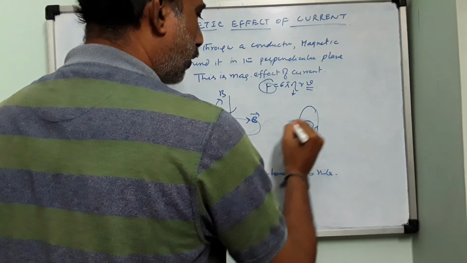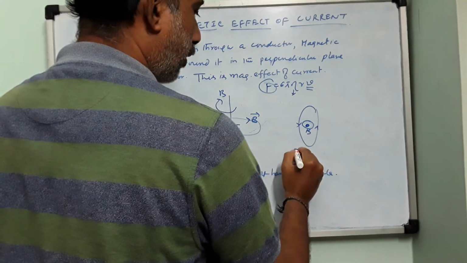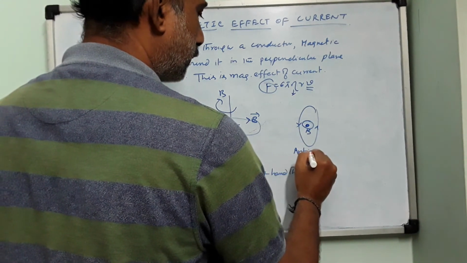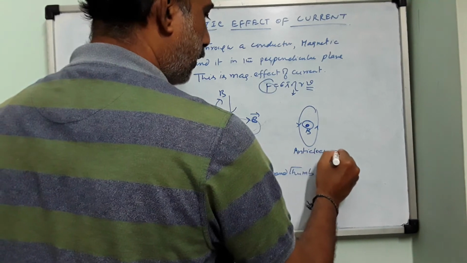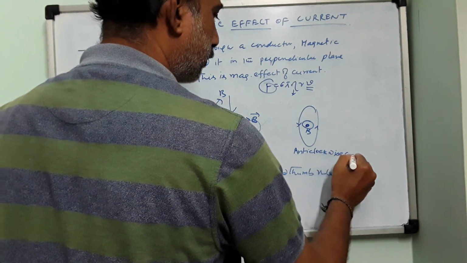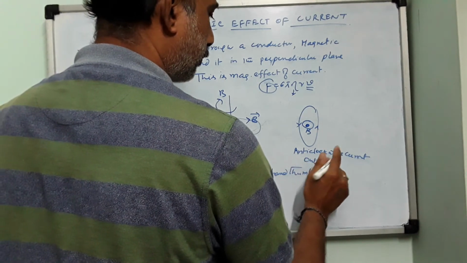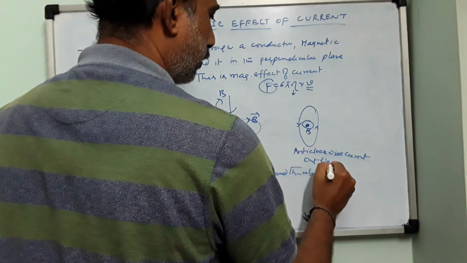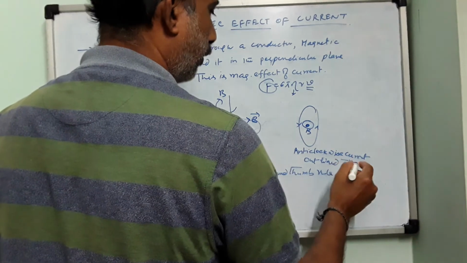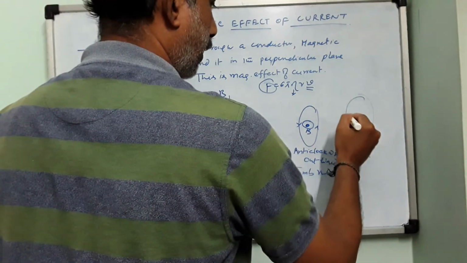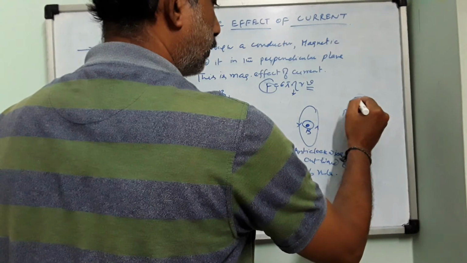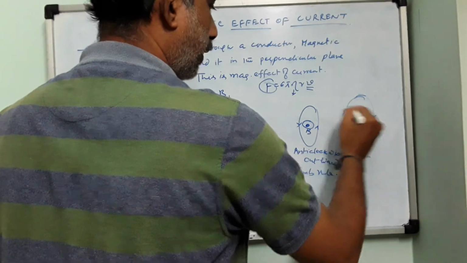Okay, it is denoted like this. Anti-clockwise current will produce outward magnetic field. Same coil, if it carries the current in the clockwise direction, the magnetic field will be inside.